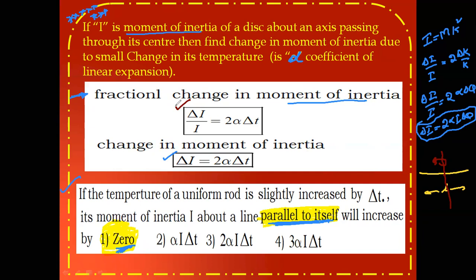Sometimes they will ask based on numerical values. Sometimes they will ask directly these forms. If they ask what is the percentage increase in moment of inertia, so delta I by I multiplied with 100, that is 2 into alpha into delta theta multiplied with 100. It is the percentage increase in moment of inertia.